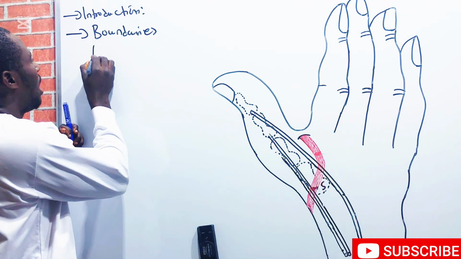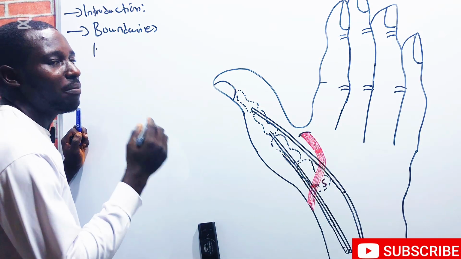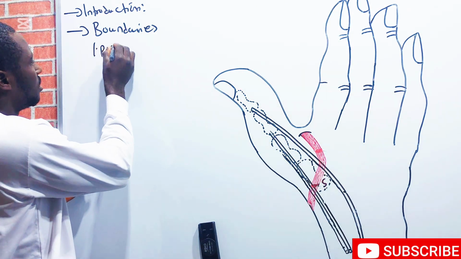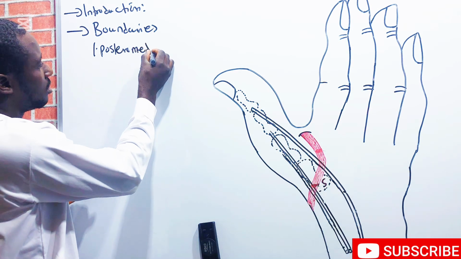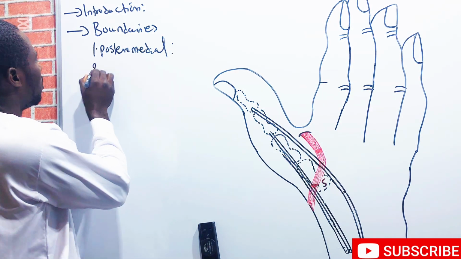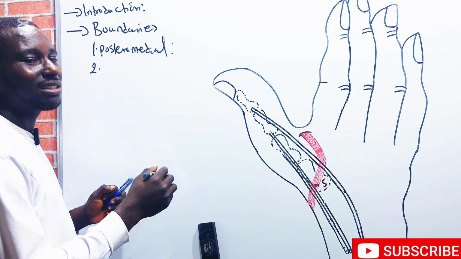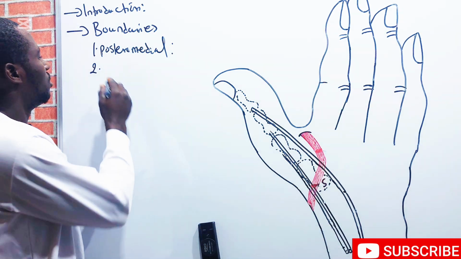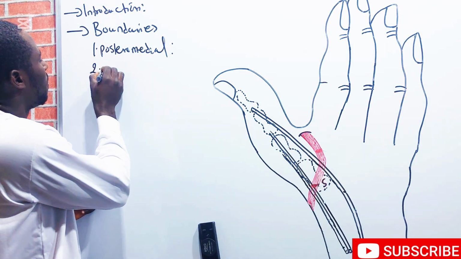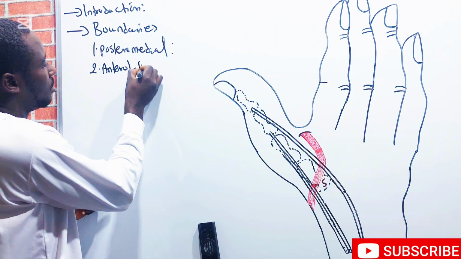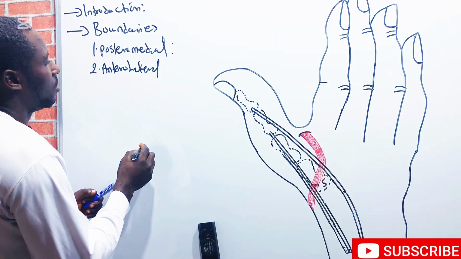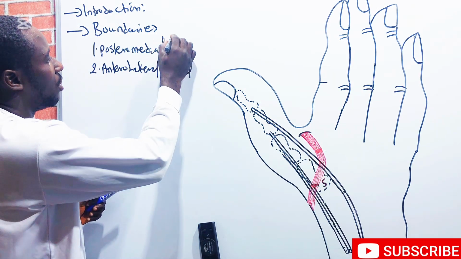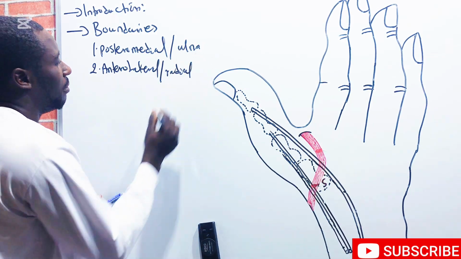One, the posteromedial boundary, which can be called the medial or the ulnar boundary. Number two, it has the anterolateral boundary, which can be called the radial boundary, while the posteromedial boundary can be called the ulnar boundary.